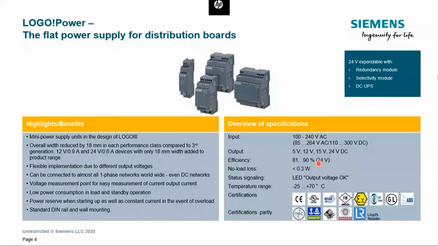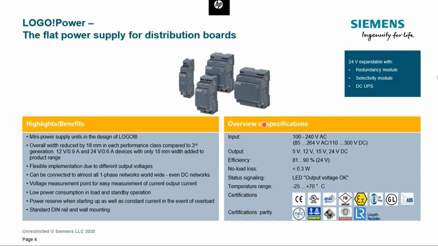And efficiency up to 90%. And up to now, still, we don't have any remote diagnostics capability. So it is only visual diagnostics via an LED on the power supply to indicate that the voltage is okay. And it operates again up to 70 degrees.